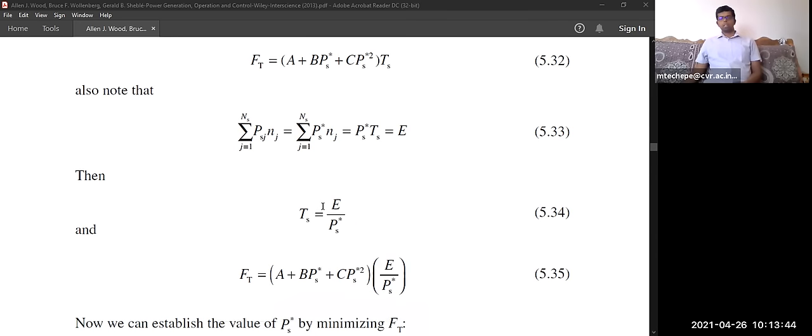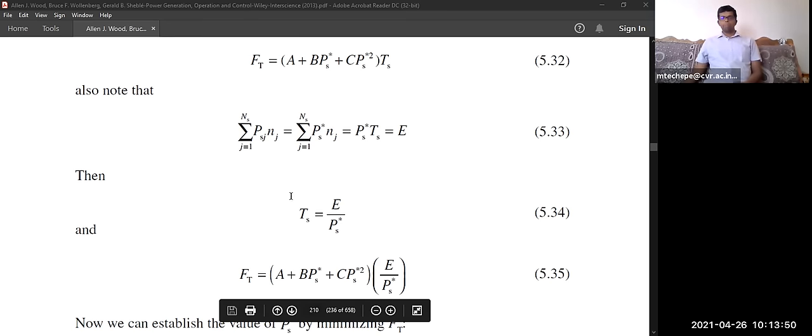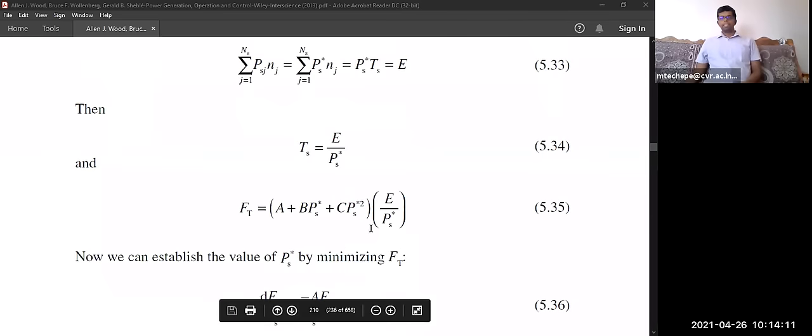Ts we have already calculated, that is E divided by Ps star. So Ft is nothing but A plus B Ps star plus C into Ps star squared, into E divided by Ps star.